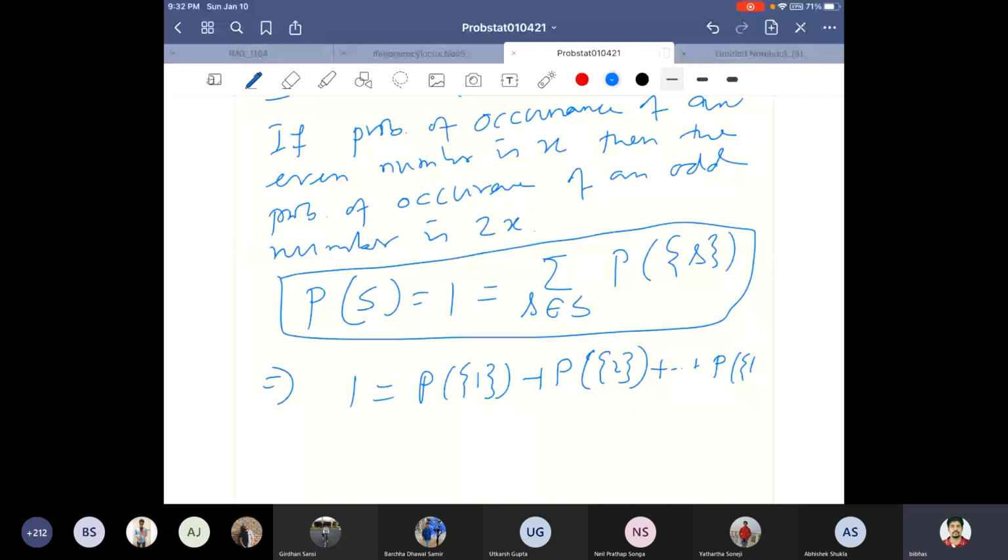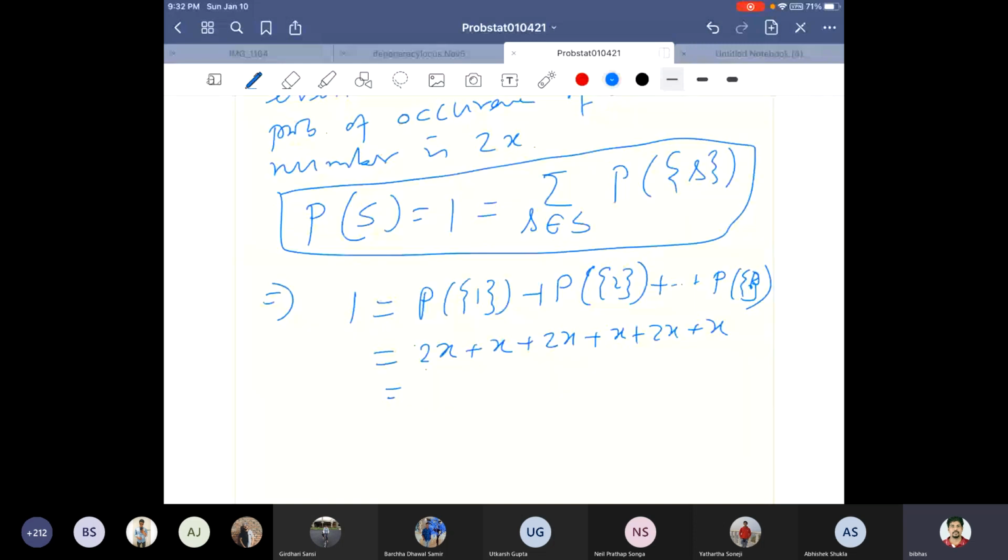That is 2x plus x plus 2x plus x, plus 2x again plus x again. So I have 9x, which implies x equals 1 by 9. So the probability of occurrence of an even number is 1 by 9 and an odd number is 2 by 9.